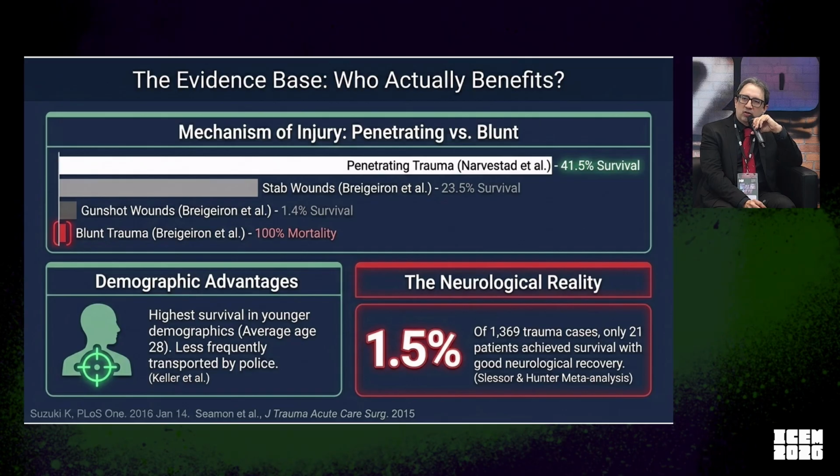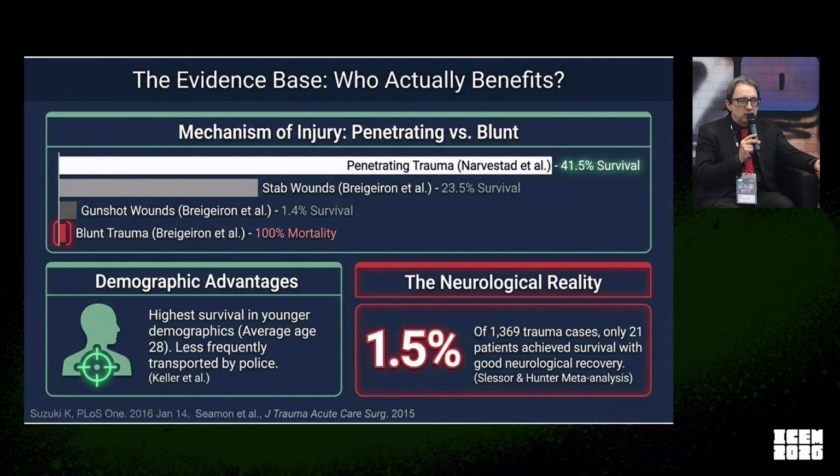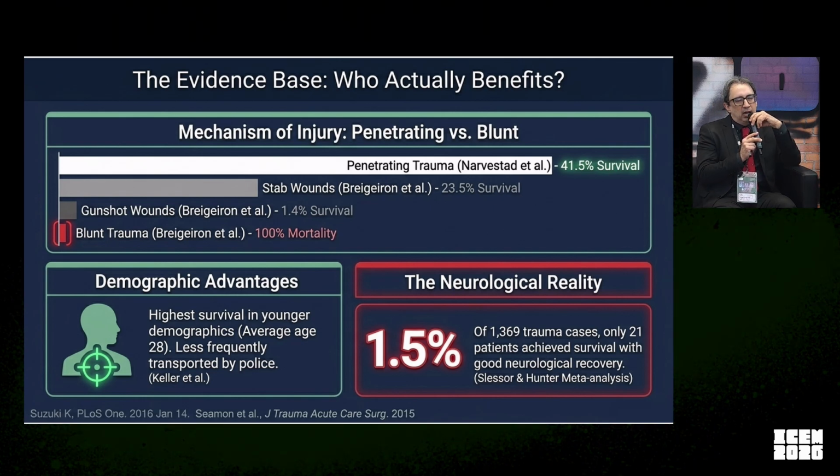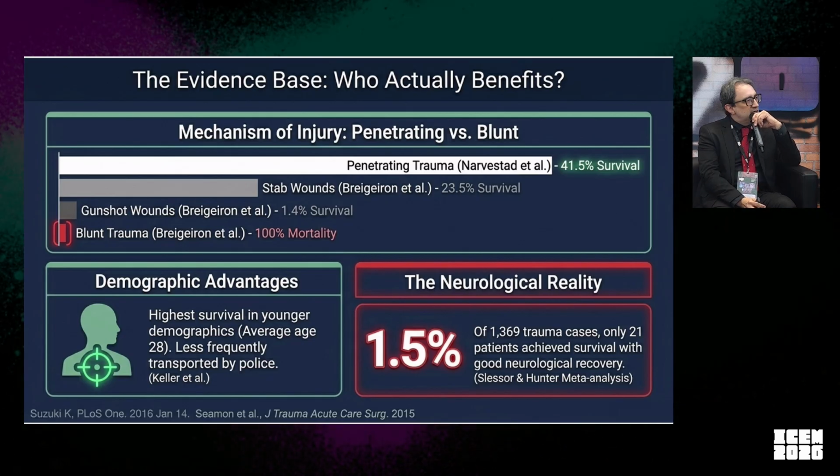As for demographic advantages, we have a younger demographic with high survival. It's common in Brazil: most of our thoracic traumas are under 28 years of age. And transport by police is less frequent.